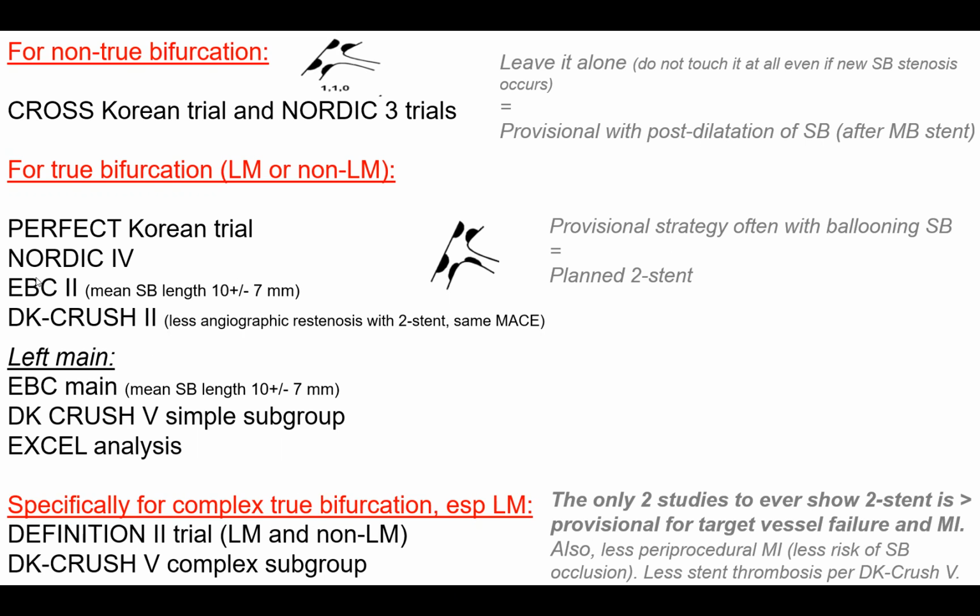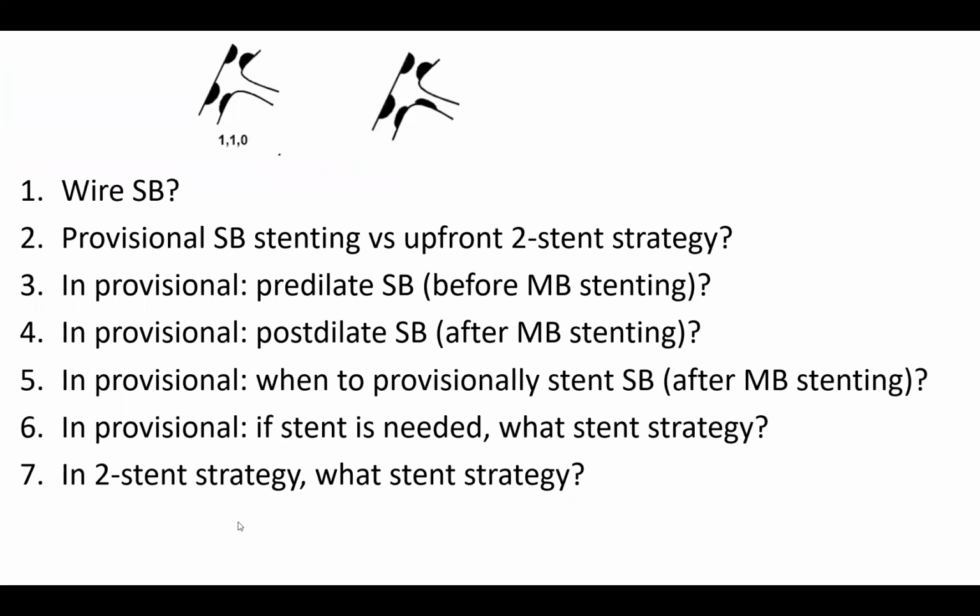In fact, one of the most important modern trials, EBC2 trial, European Bifurcation Club trial, randomized patients to provisional versus two-stent strategy, including a side branch length, the mean of which was 10 plus or minus 7. So it did include some complex true bifurcation, yet it still did not show a difference with provisional strategy. So provisional strategy is still appropriate. You have to make a judgment. You just tend to favor two-stent in those cases.